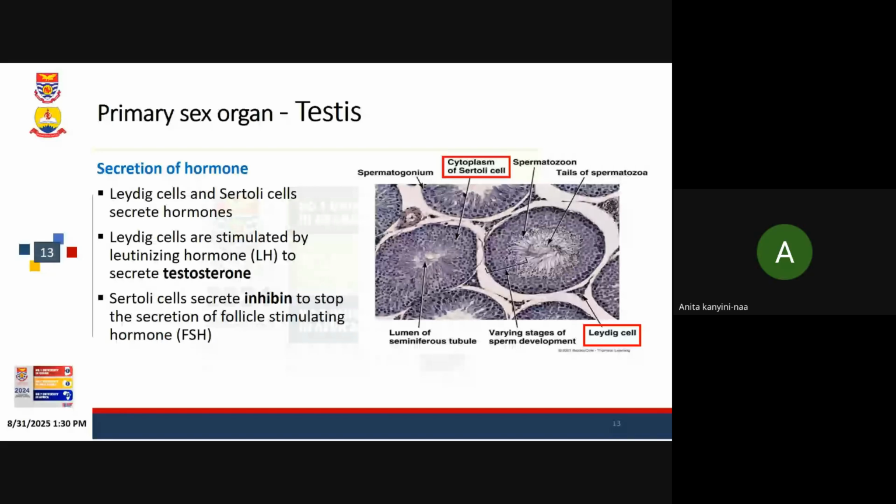Okay, so let's look at the component that has to do with the secretion of hormones. We have two main cells which produce the hormones. We have the Leydig cells or interstitial cells.